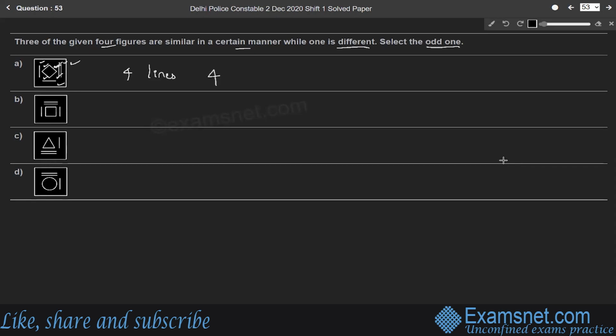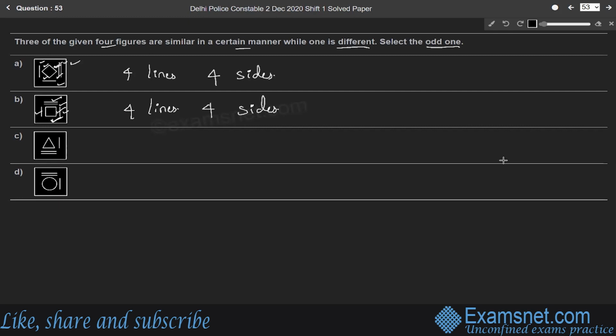So 4 lines and 4 sides. In option B, there are 4 lines, and the quadrilateral is a square which has 4 sides. Here the number of lines is equal to the number of sides of the given quadrilateral in that figure.